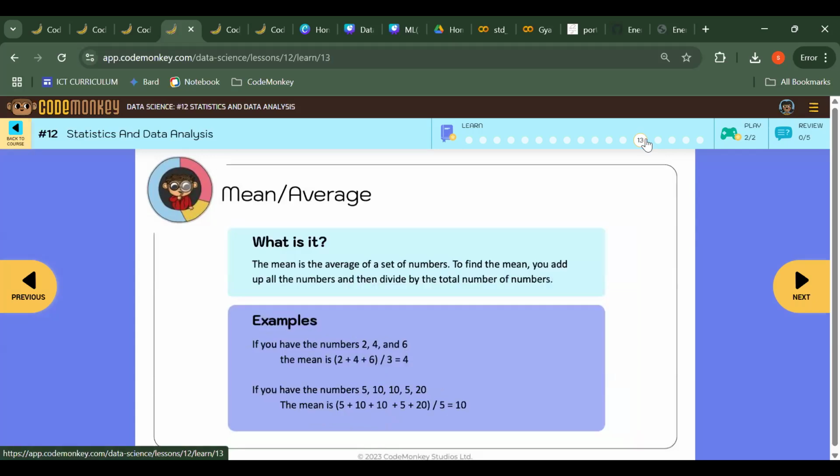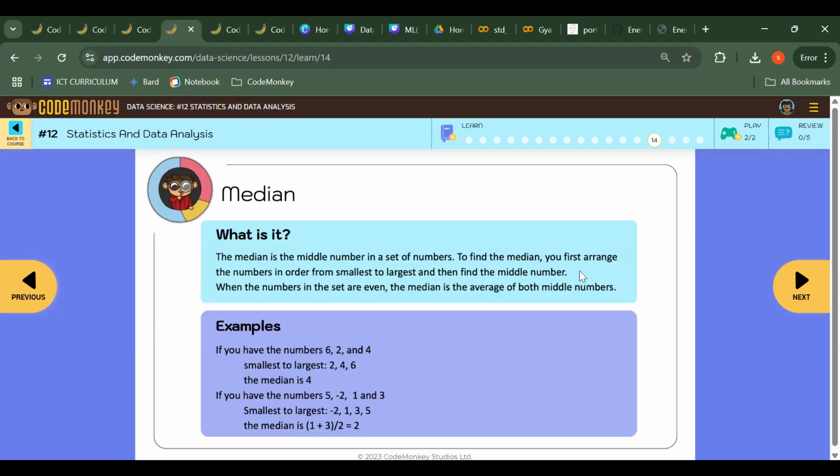Then the mean and median. To find the average, first we add the numbers and divide the total by the count; if there are three numbers, you divide by 3 and you will get the average. You learned this in mathematics. For the median, first you arrange all the numbers from smallest to largest and find the middle one.